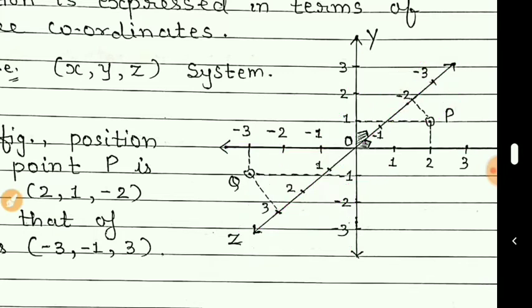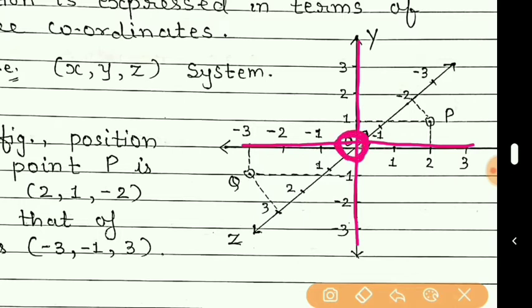It is because if you consider this as the x-axis and this as the y-axis, then the z-axis will be normal to the plane formed by x and y, and normally moving into this plane at point O. So all these three coordinate axes are perpendicular to each other.